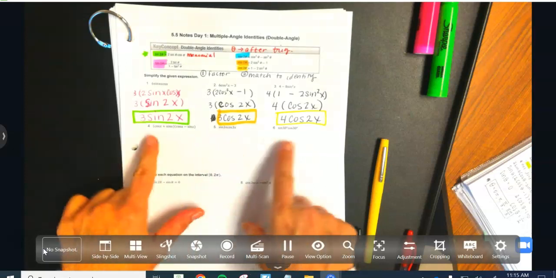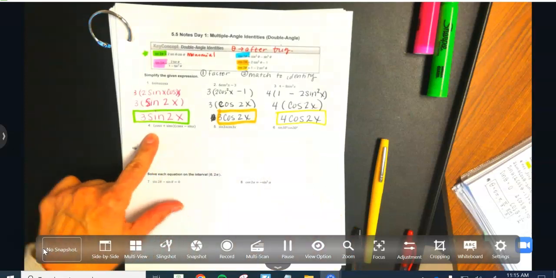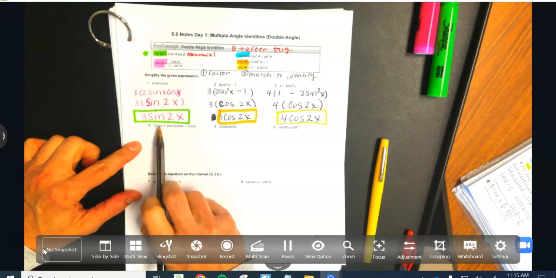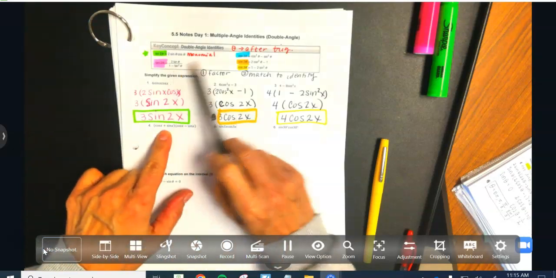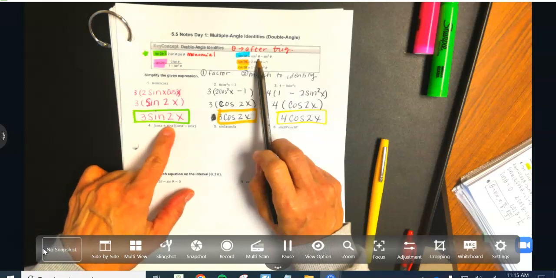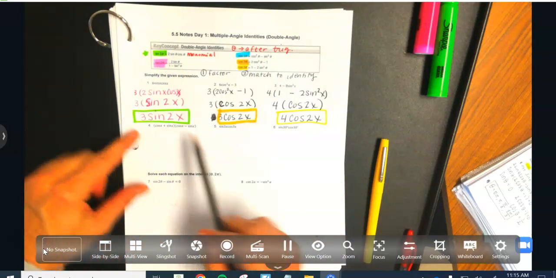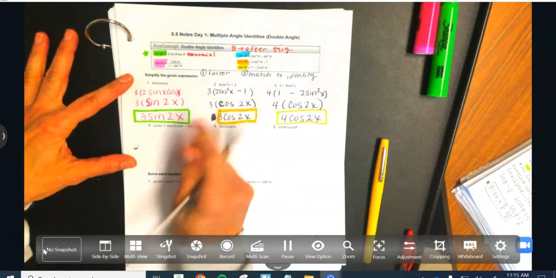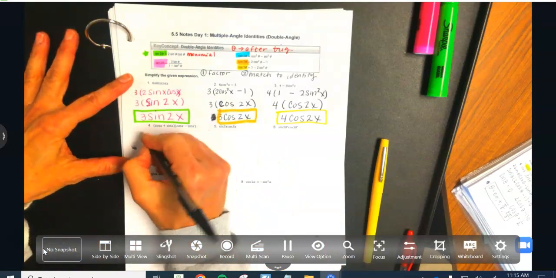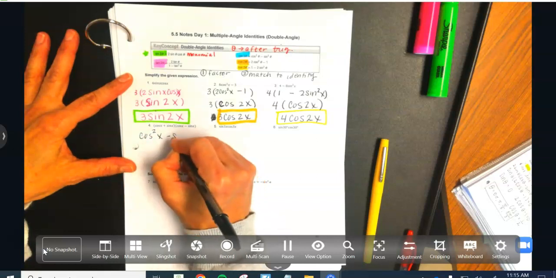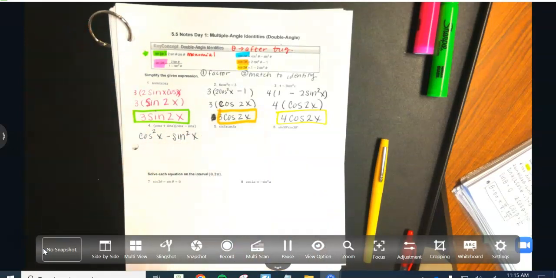If you notice down here, they change a little bit. On problem 4, I can't really match until I put it back together because there's no single cosine and sine. Everything is squared where there's a plus or minus. So let's go ahead and FOIL this. Remember, this is a difference of 2 squares. So this is going to be cosine squared x minus sine squared x.